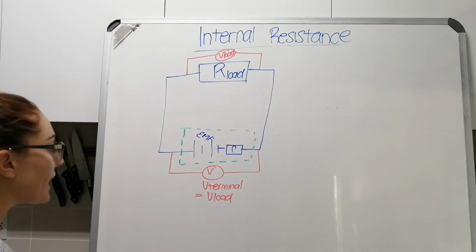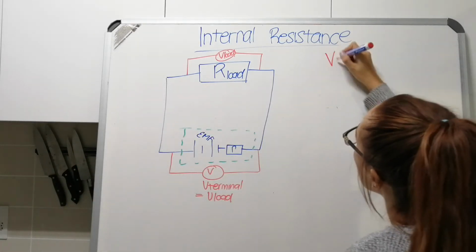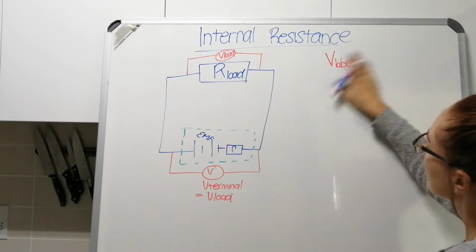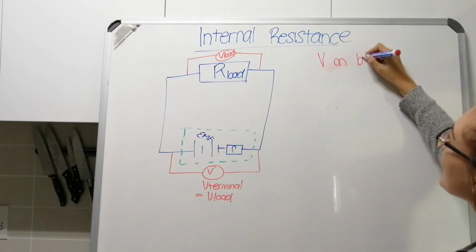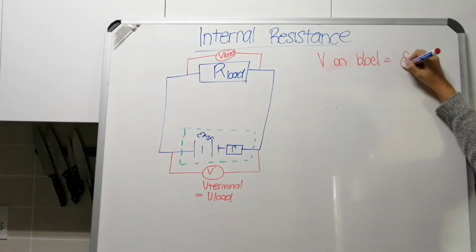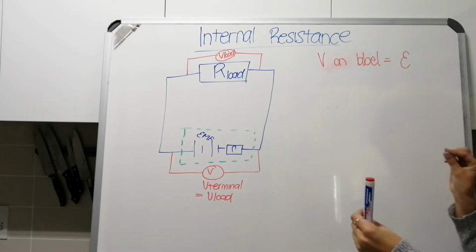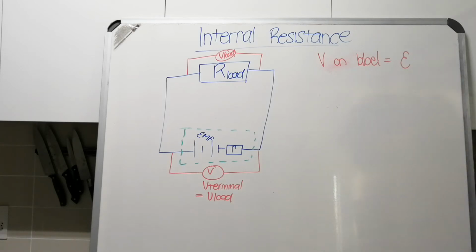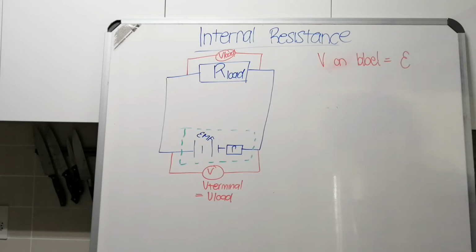Okay, so I'm actually just going to write a little note about that. The potential difference on the label of the battery is the EMF. But if you were to actually measure the potential difference of a battery, you won't get the EMF reading, you're going to get a lower reading. And the lower reading is because of this internal resistance.